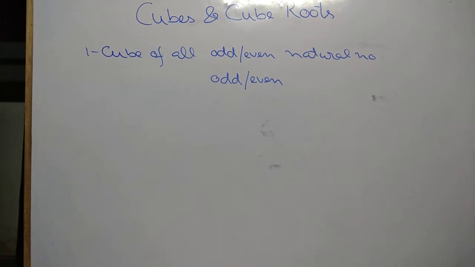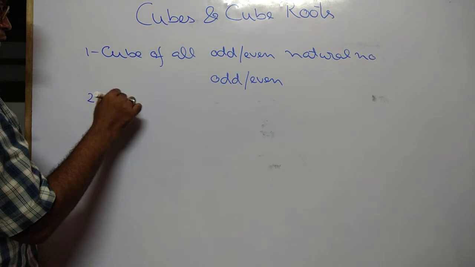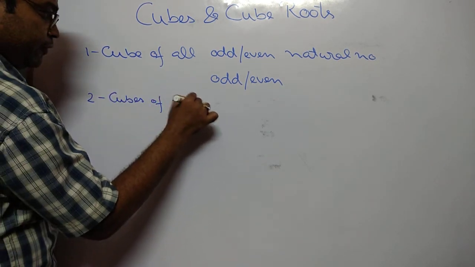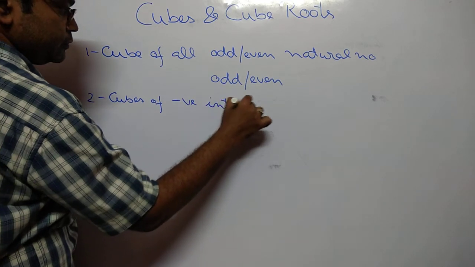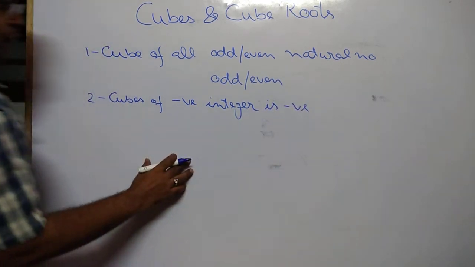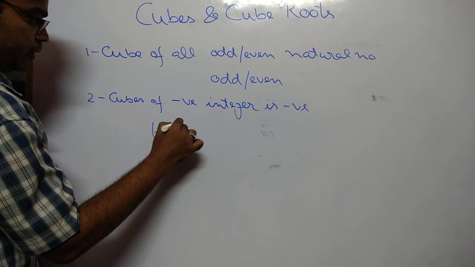The second property says that the cube of a negative integer is negative. For example, minus 3 whole to the power 3. What does it mean?